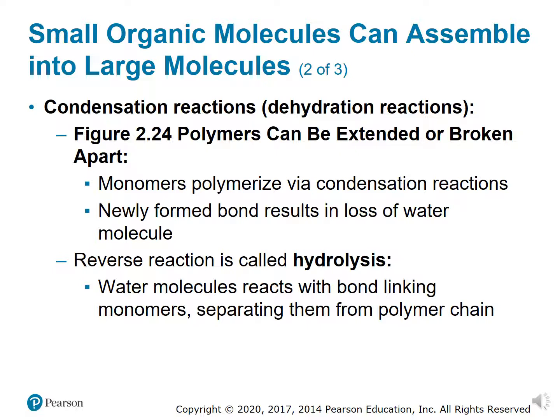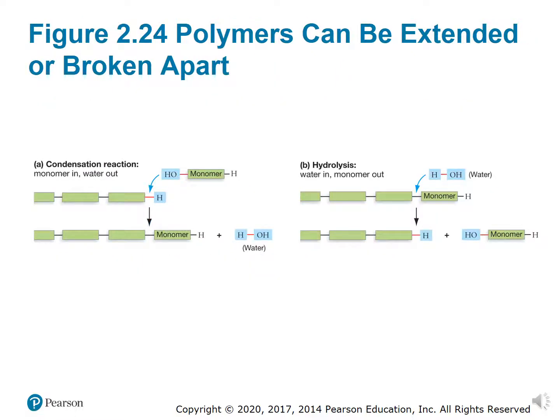I always think of hydrolysis as water breaking. Water moves into the bond and actually breaks the bond. So in a condensation reaction, water is leaving the bond, creating one, and for hydrolysis, water is entering the bond and breaking it. I love figure 2.24.